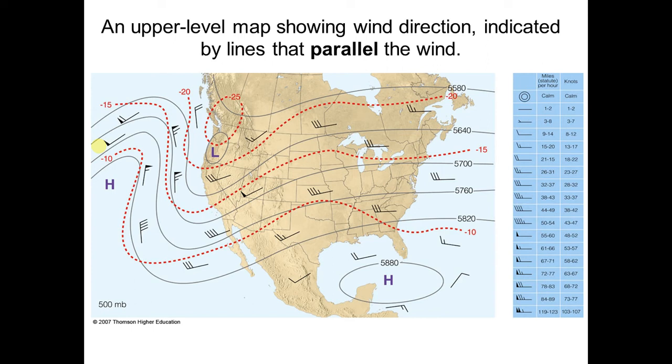But in order to keep the air moving, changing direction, around this high here, this ridge, there has to be a net inward directed force, and that's the centripetal force. So the wind blowing here on this curved high is called a gradient wind, whereas the wind blowing when the contour lines are straight is known as a geostrophic wind.